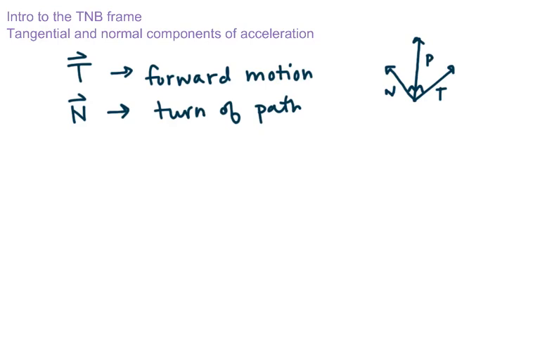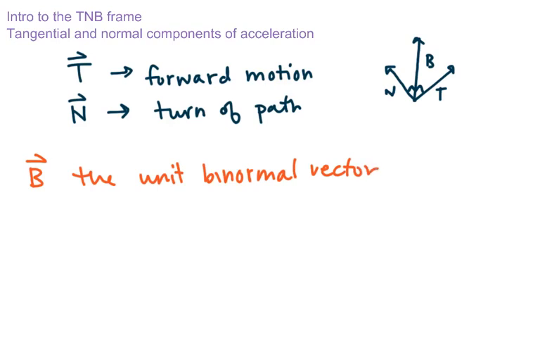And that's what's going to be our binormal vector, B. B is the binormal unit vector. And this is going to be useful for our twisting and our turning, to see how something is rotating in space.